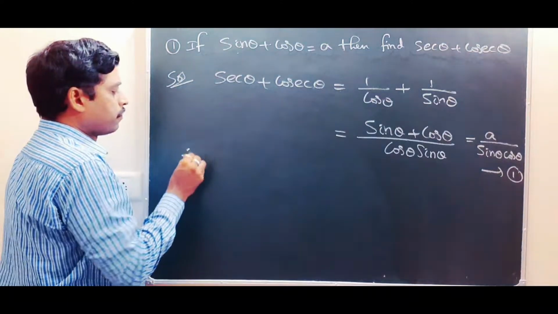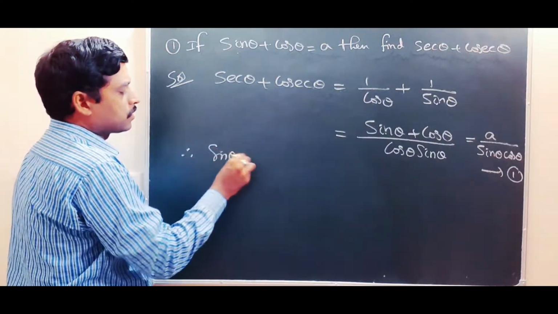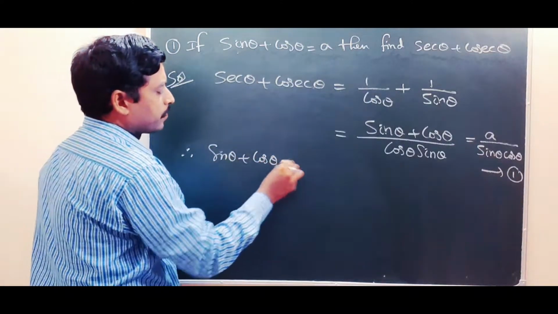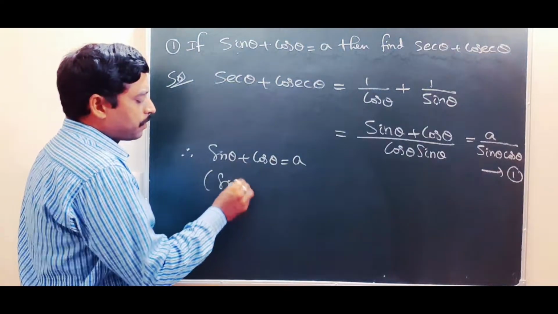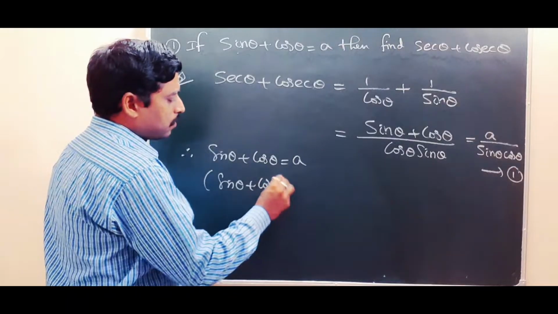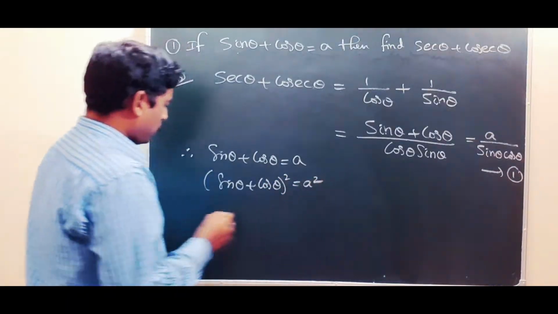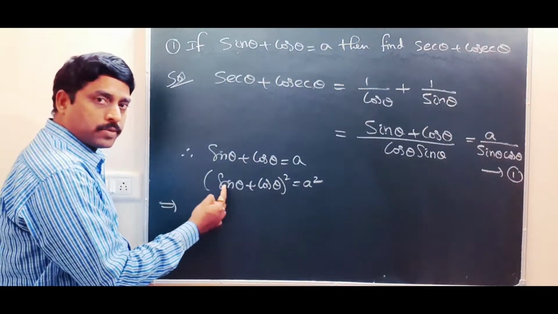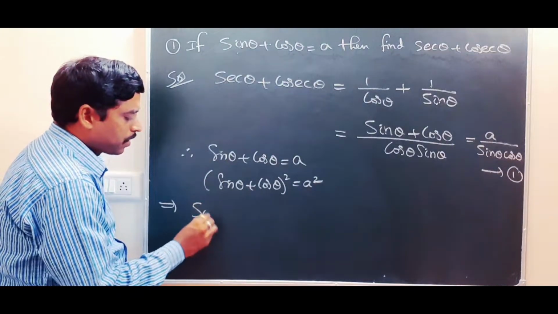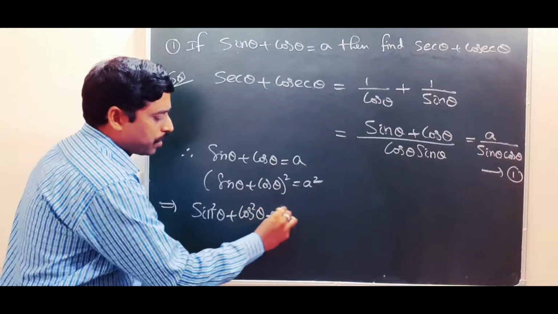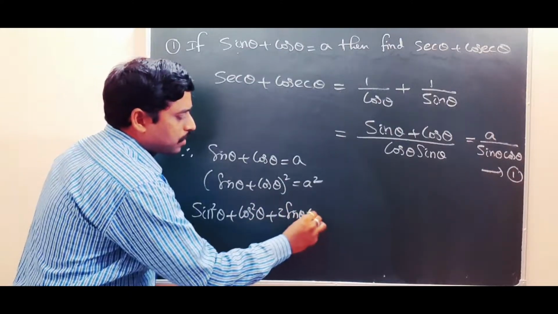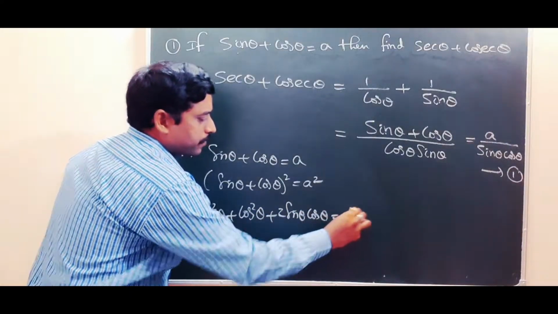Now from the statement, sin theta plus cos theta equal to A is given. Now squaring on both sides, sin theta plus cos theta whole square equal to A square. Now we should apply the A plus B whole square formula: sin square theta plus cos square theta plus 2 sin theta cos theta equal to A square.